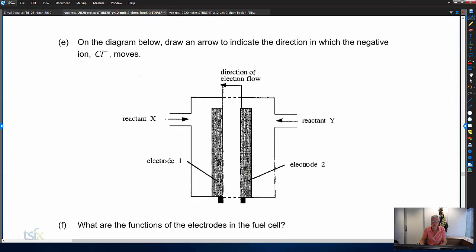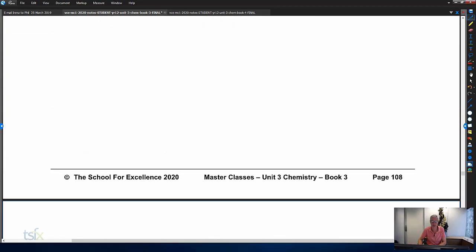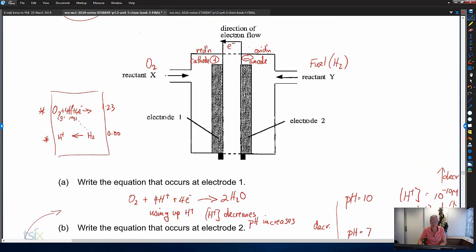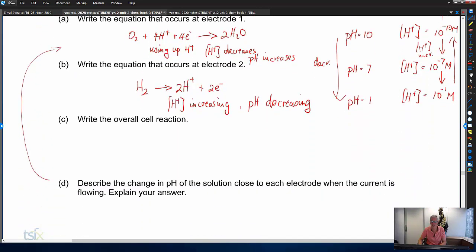All right, we want to know which way the chloride ions will go. They are anions. So anions will go to the anode. We agreed that we had oxygen here, so what did we decide on? Better go back and check. We decided that the fuel was coming in from the right. That's where the oxidation was occurring.